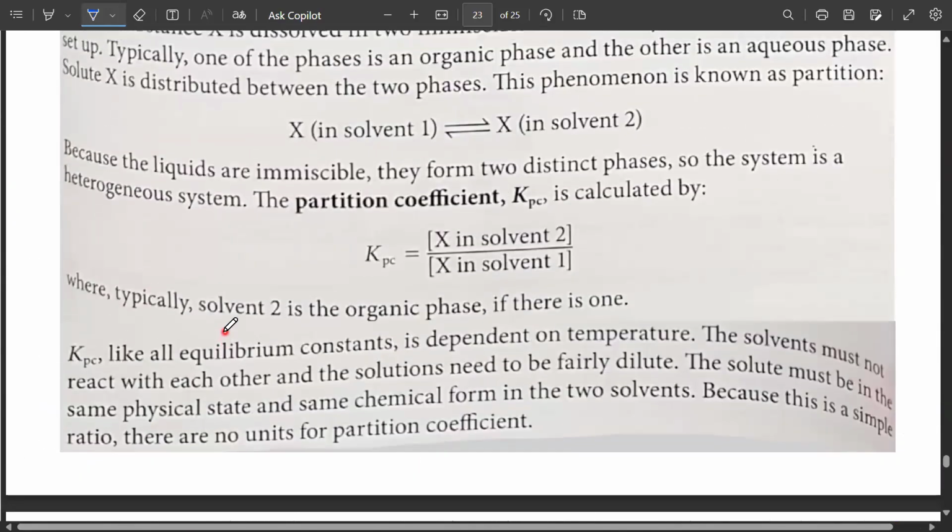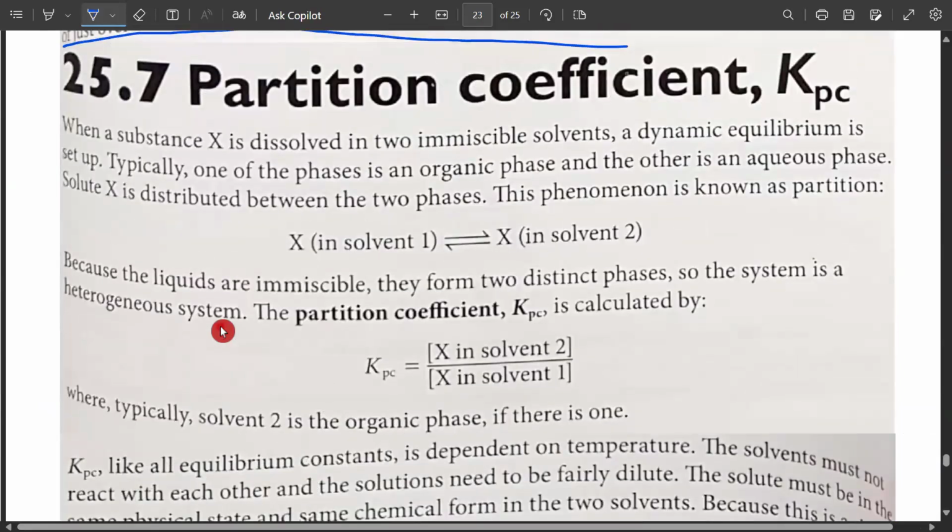So for this type of equilibrium, we can write the constant, the Kpc constant, that says product divided by reactant. Now in this case, solvent 2 is the product, solvent 1 is the reactant. So concentration of the product divided by concentration of the reactant. Now what are these concentrations?